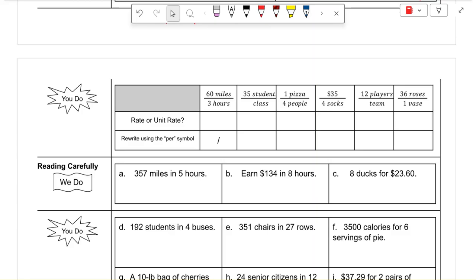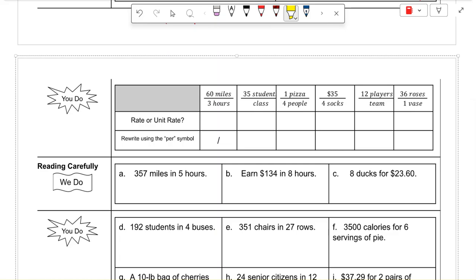Okay, now we have a you-do here, so let me explain how this works. So you have these top ones. You have 60 miles in 3 hours, 35 students in a class, one pizza for 4 people, $35 for 4 socks, 12 players on a team, and 36 roses in a vase.